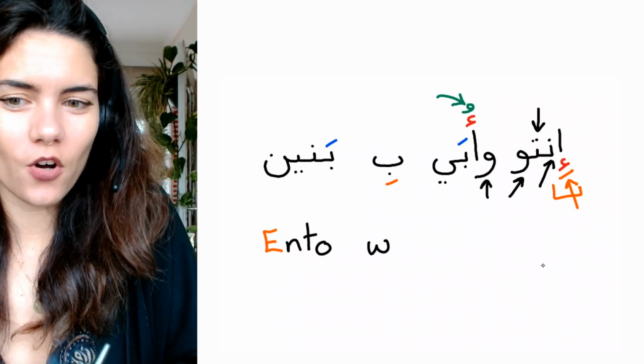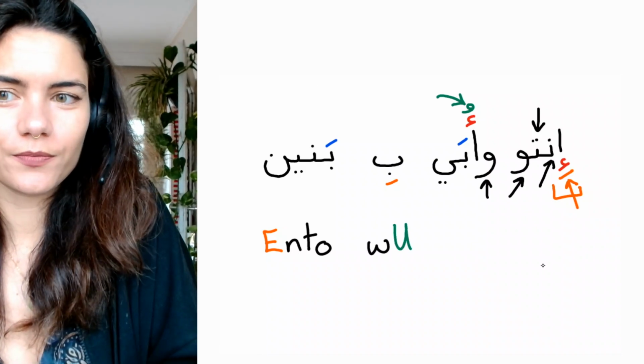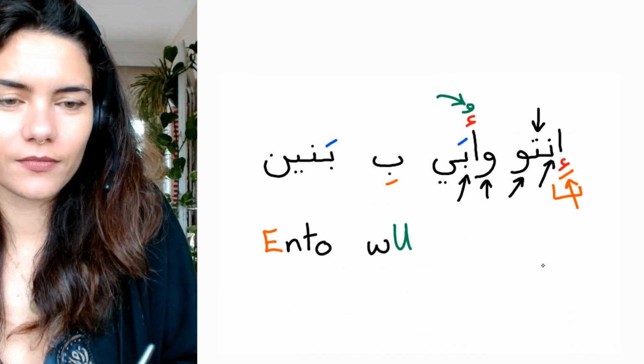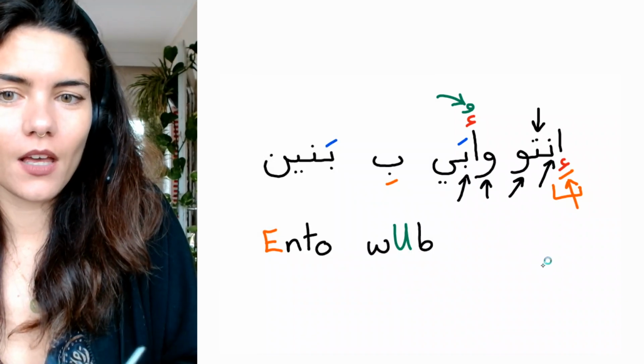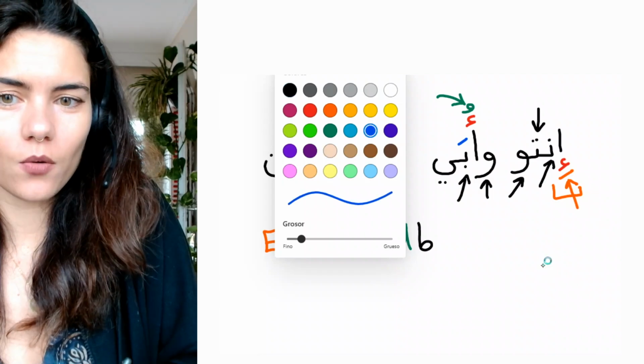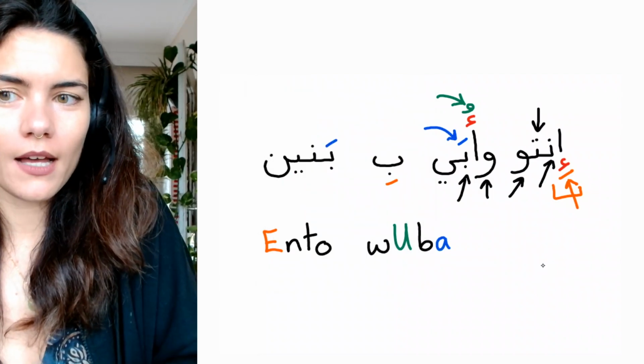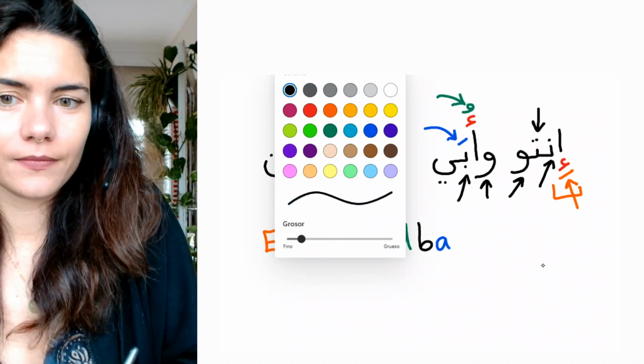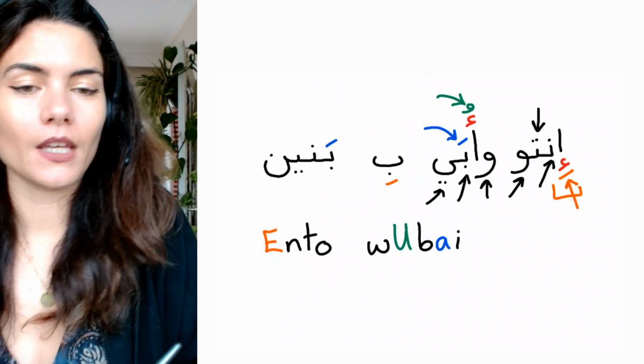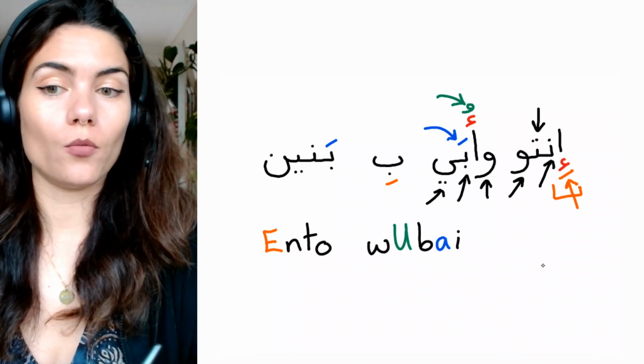U or O, U, B, holding a short vowel. A, Uba, I. Ento, U, Ubay.